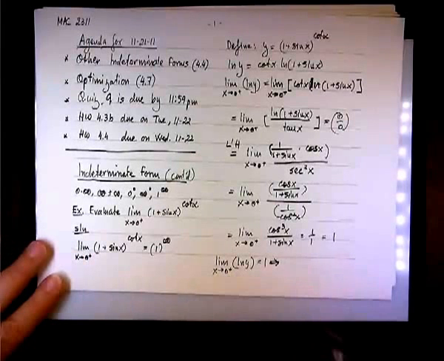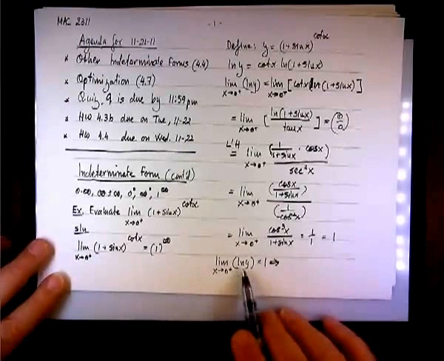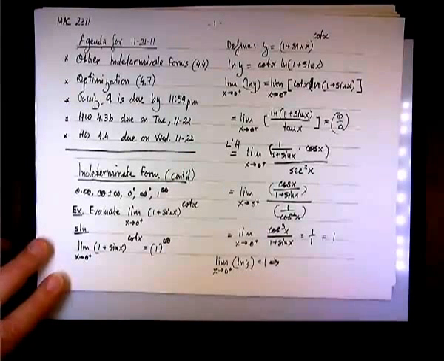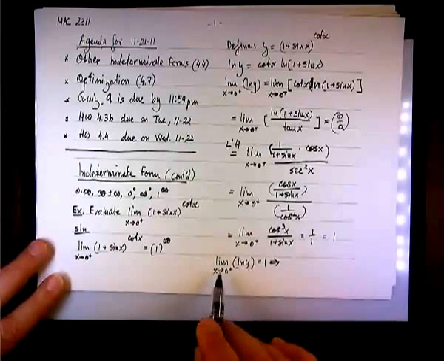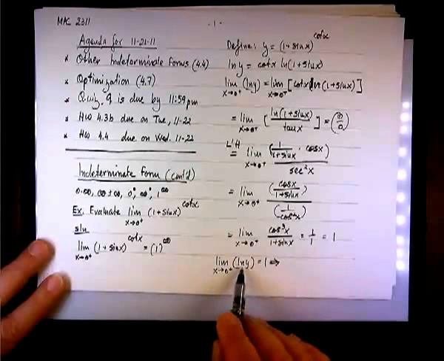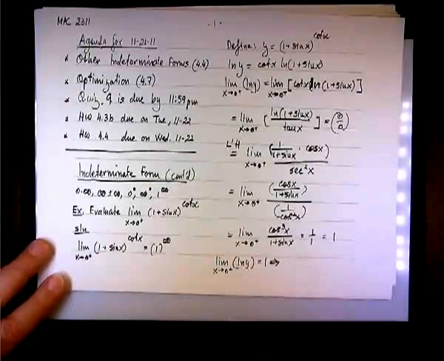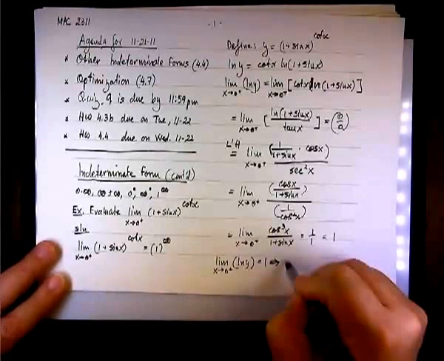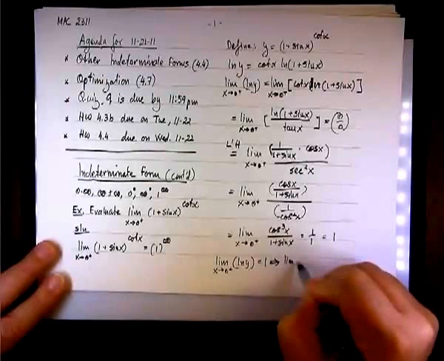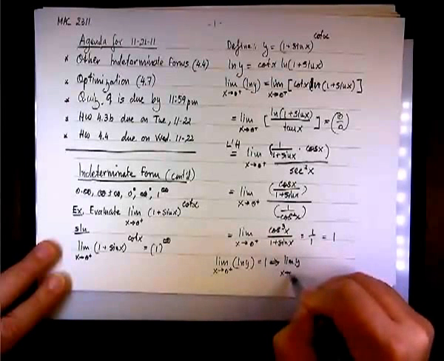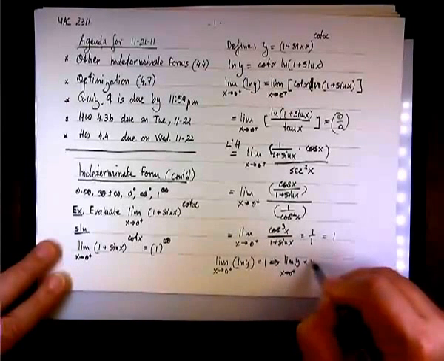First of all, what do we know about y in this case? Natural log of y equals 1 means that e to the power of 1 equals y. So this tells me that the limit of y as x approaches 0 plus is e to the 1.